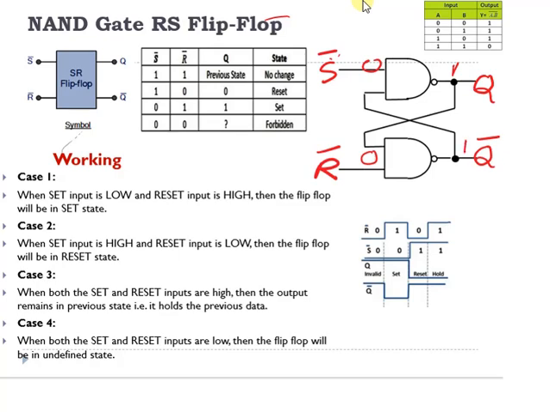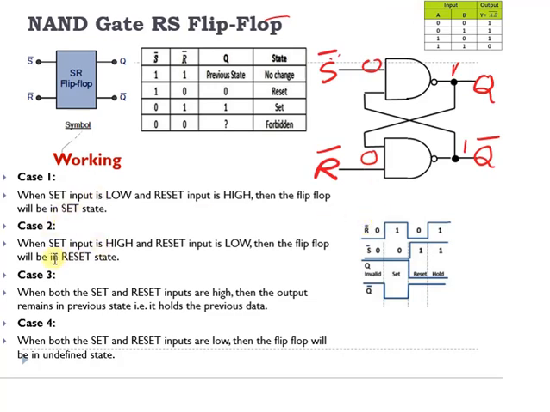That means both outputs of the flip-flop are in the high state, which is a forbidden state, not an allowed state, because we cannot have both outputs of the flip-flop in the same state. This condition is forbidden, and such a condition can damage the internal circuit of the flip-flop.